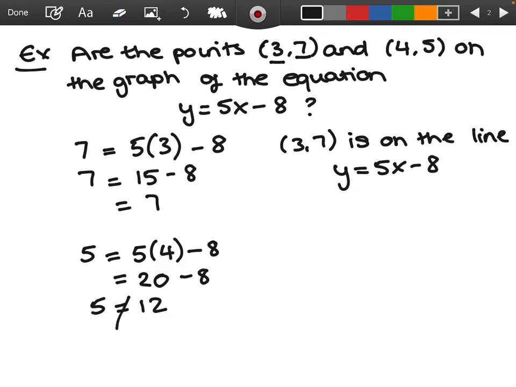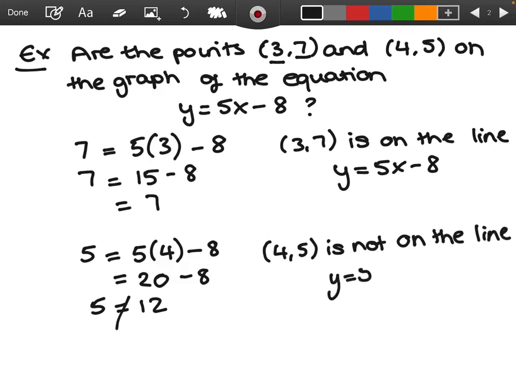That tells me that at this particular point, I do not satisfy this equation. So this point 4, 5 does not lie on the line, as the equation is not satisfied for x is equal to 4 and y is equal to 5.